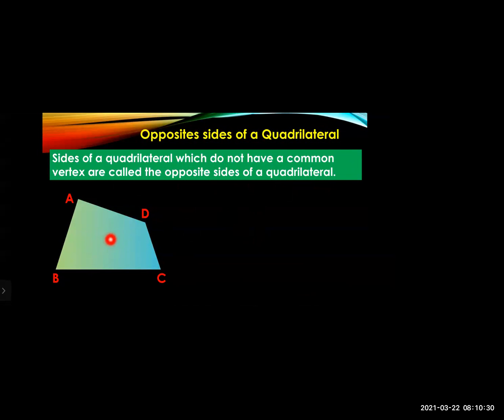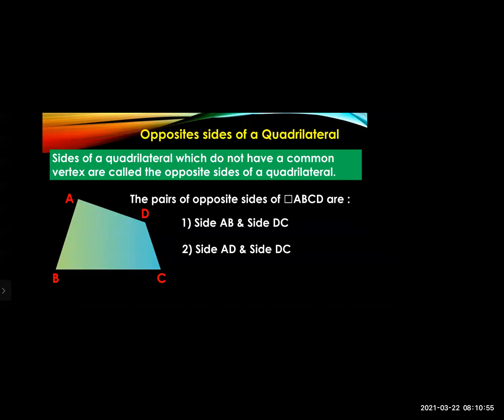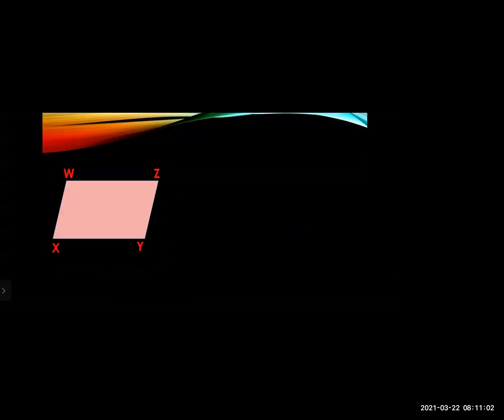In adjacent sides we got the common vertex, but here we will not get a common vertex. So the pairs of opposite sides of quadrilateral ABCD are side AB and side DC. Okay. Now second one, side AD and side DC. So these are the opposite sides of a quadrilateral.